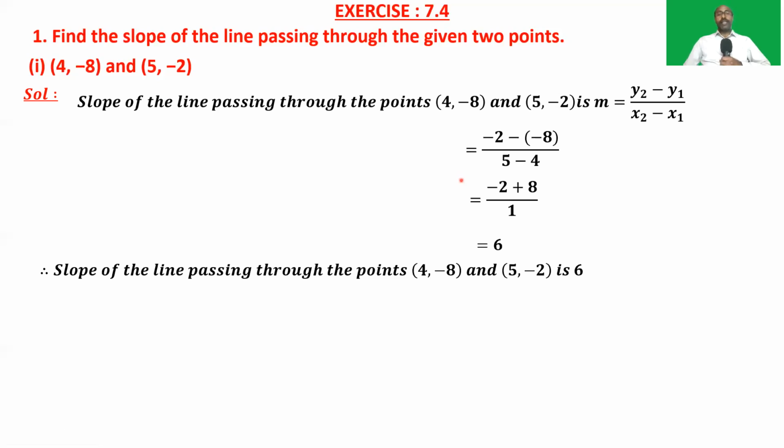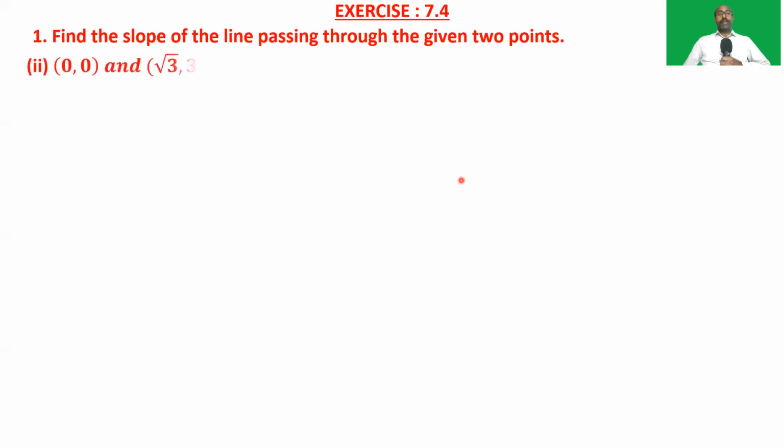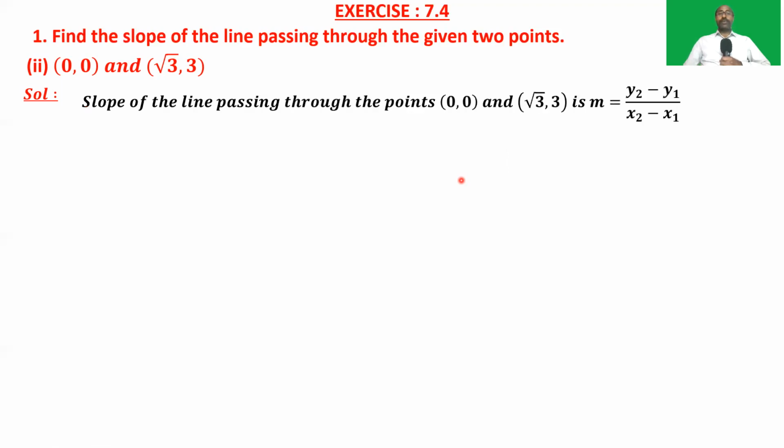And the next one is (0, 0) and (root 3, 3). So the slope of the line passing through the points (0, 0) and (root 3, 3), the formula is y2 minus y1 by x2 minus x1, where (x1, y1) is (0, 0) and (x2, y2) is (root 3, 3).